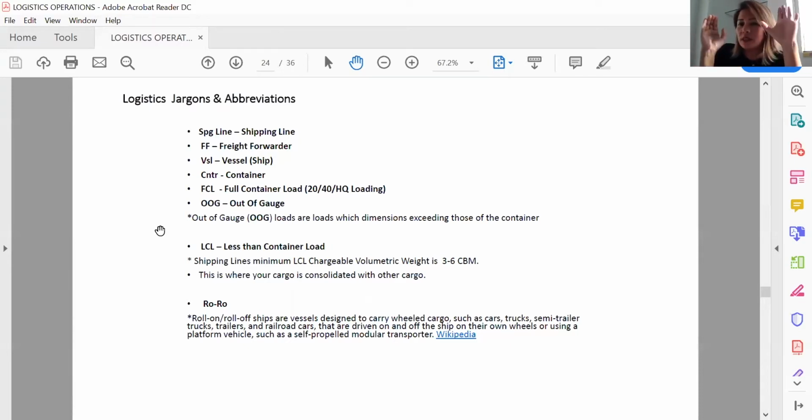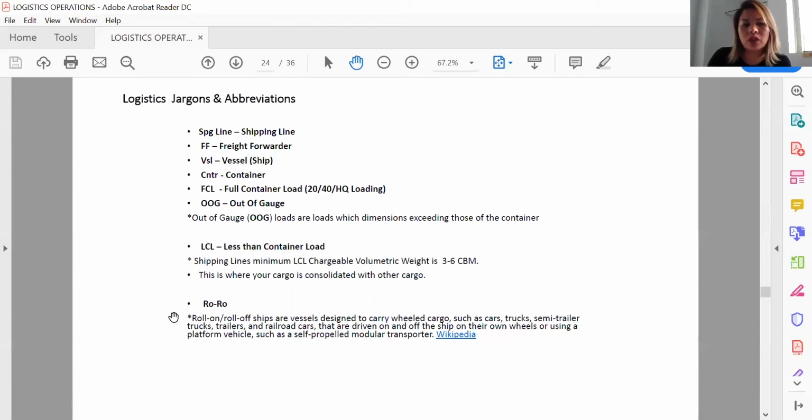So if you have only 10 cbm, why are you going to pay 1,500 USD for that? Why don't you move your 10 cbm as LCL, and the cost will be around $1,000. So you are saving $500 for you and for your client. You get it? So that's cost effective. You're giving savings for your company, you're giving savings for your client. Everybody's happy. You're a good logistics professional.